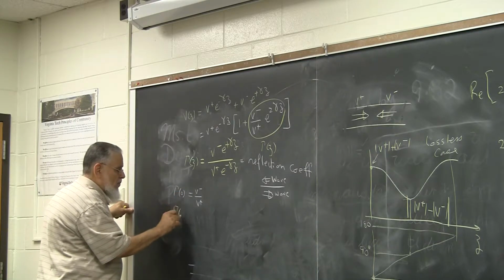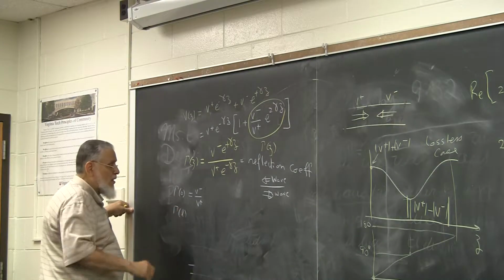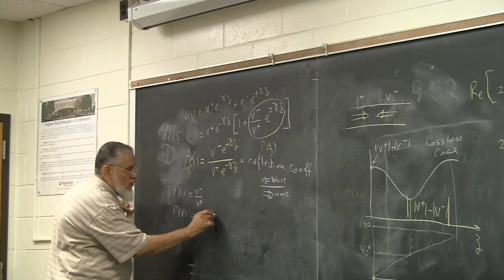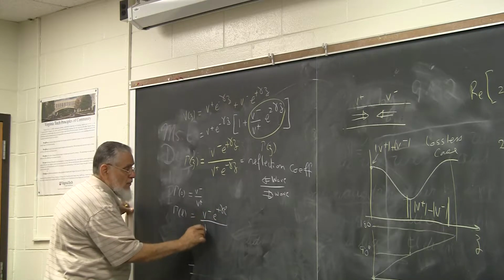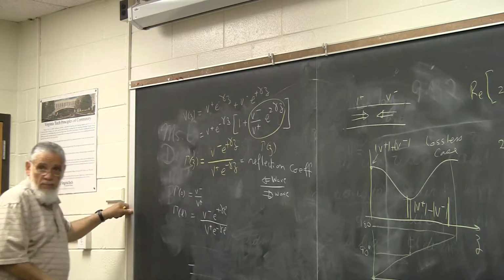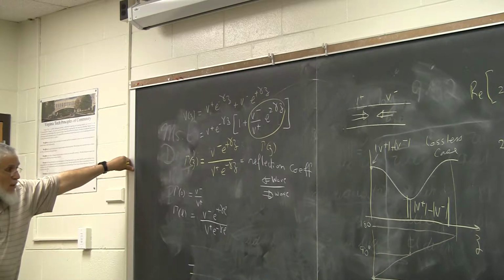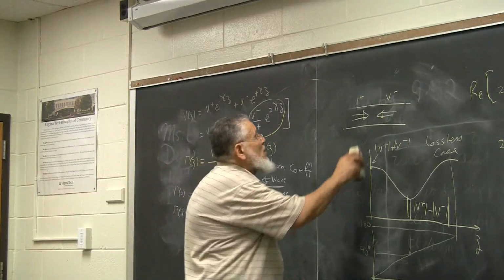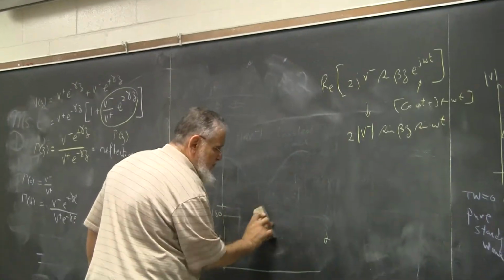Gamma of L, which is the reflection coefficient right at the far end of the line, is going to be V minus e to the plus gamma L divided by V plus e to the minus gamma L. Another useful relationship is what is gamma of z at some location in terms of gamma of z at some other location.